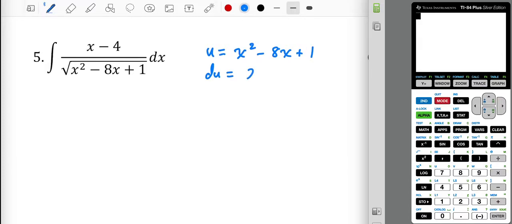So we'd get 2x minus 8 dx. Well, that's good because that's just a constant multiple away from being x minus 4. So I'm going to pull out a 2.